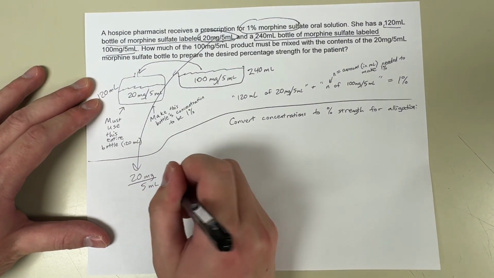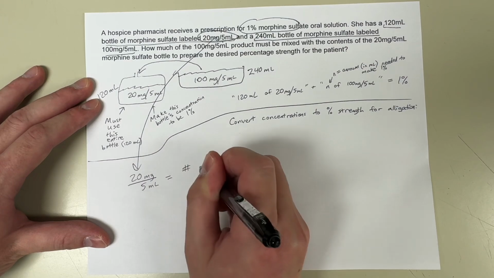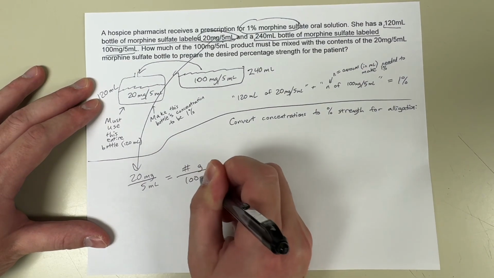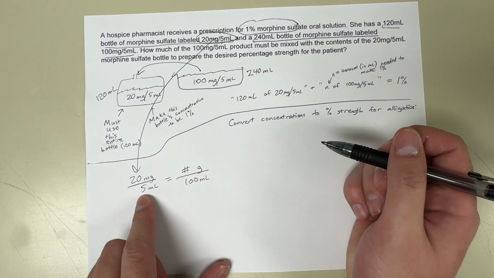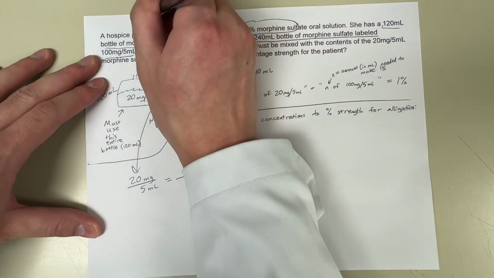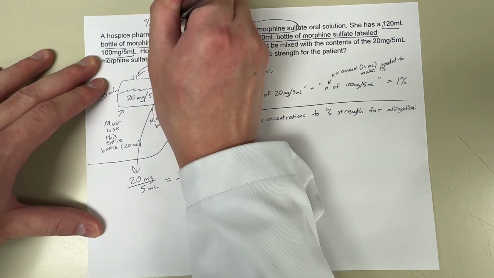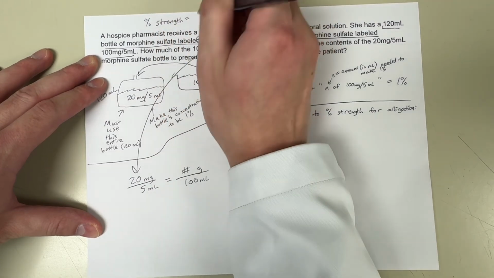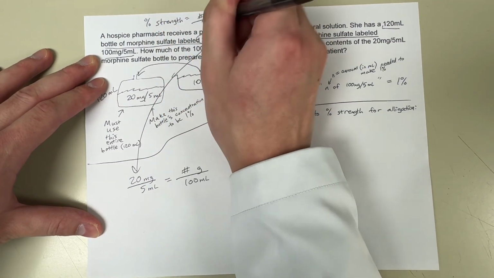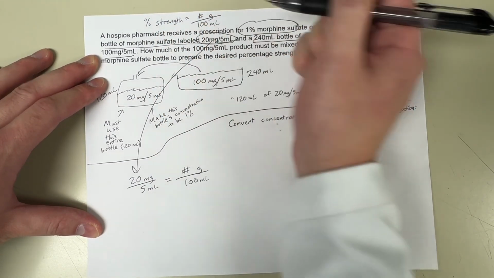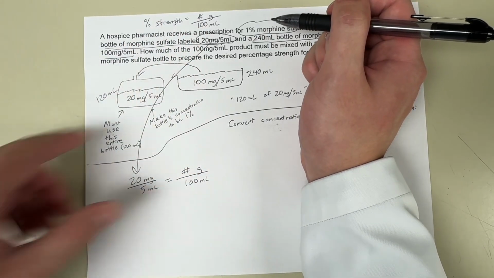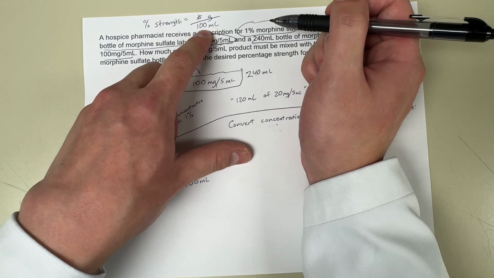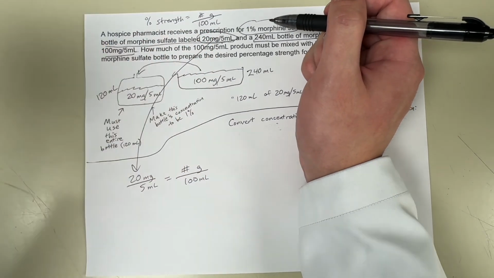I'm going to set that equal to some number of grams over 100 milliliters. I'm trying to force this to 100 milliliters because percent strength is equal to some number of grams over 100 milliliters. And whatever this number of grams is, that's the percent strength. So if this is 1 gram over 100 milliliters, then the percent strength is 1.